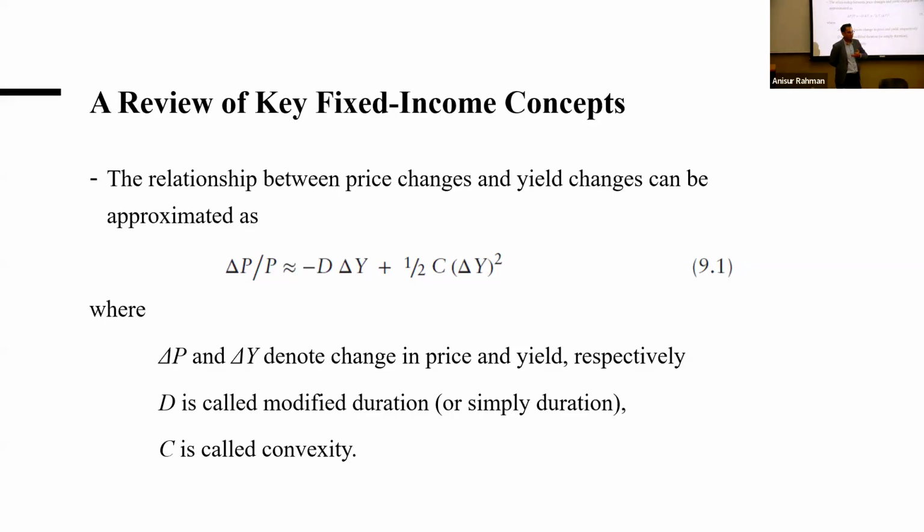Regardless of whether we talk about bonds or stocks, right? So when we want to find out the bond price when yield changes, meaning let's say yield to maturity increased by 1% or decreased by 1%.